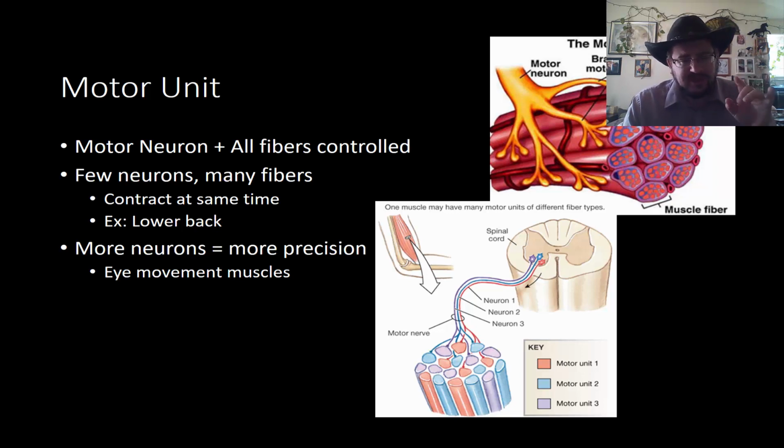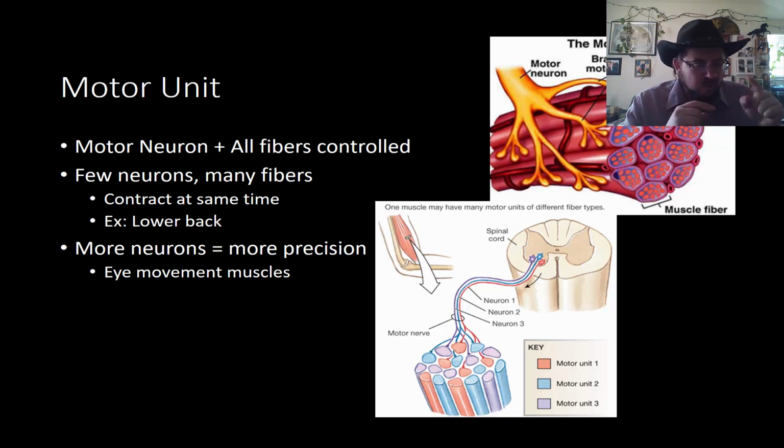Yeah, let me go back a second. Because, remember, a motor unit is the neuron and all the fibers it controls. Right? That's a motor unit. So, if you have a muscle, and you have 10 fibers in it, and you have one unit controlling all 10, then the signal comes in and says contract, and all 10 contract.